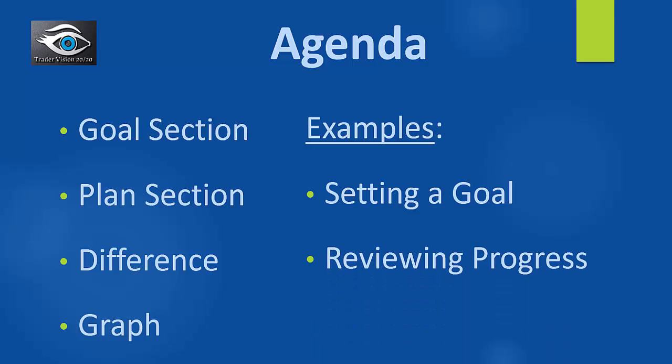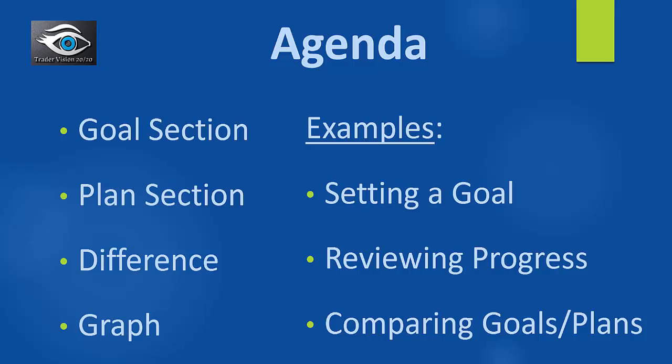I'll show you how to review your progress against a goal, and finally we'll show you how to compare sets of goal plans or goal blueprints or goal strategies, depending on your terminology. I hate to use the word plans too much because it can get confused with a trade plan. So with that said, let's get started.